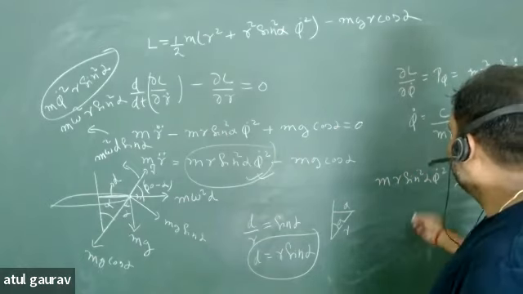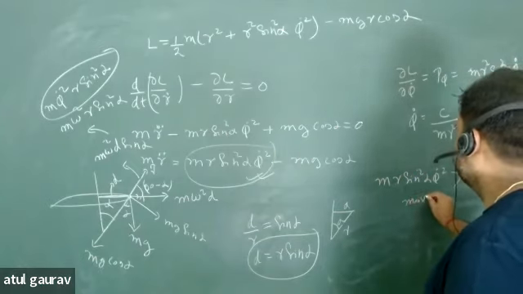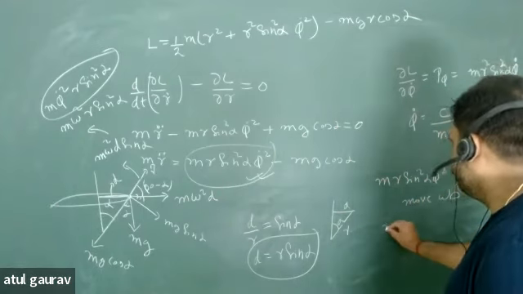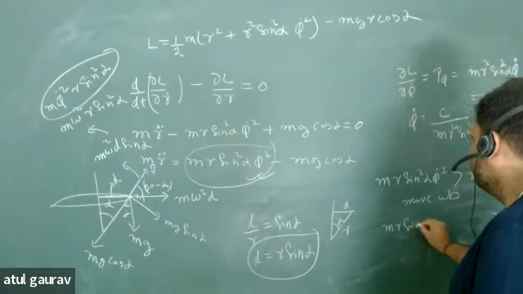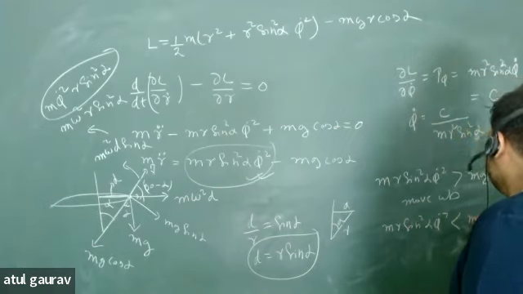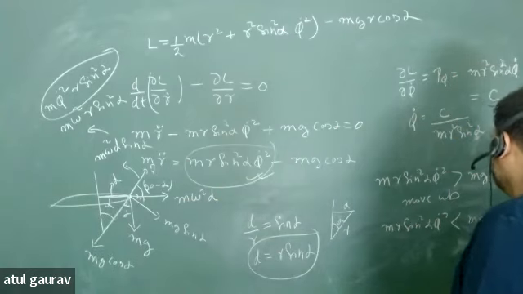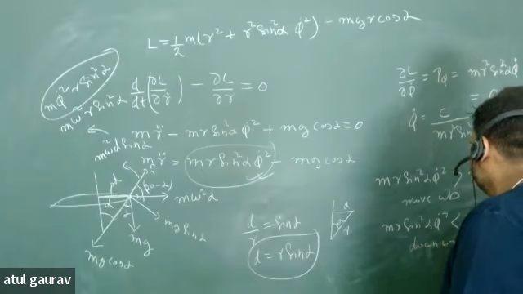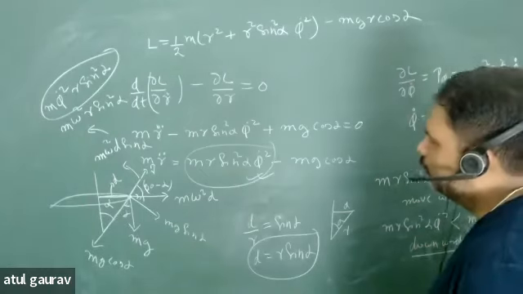Then this particle will move upward. Otherwise, when m r sin square alpha phi dot square is less than mg cos alpha, then the particle will go downward.